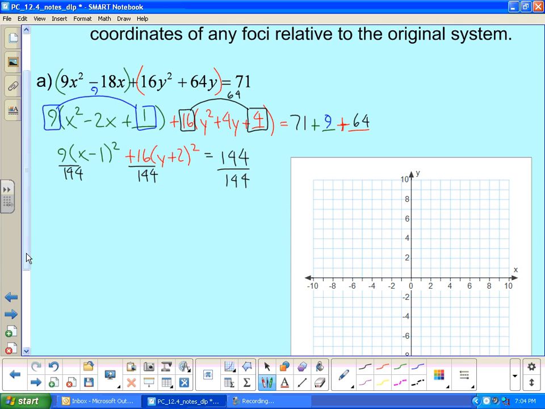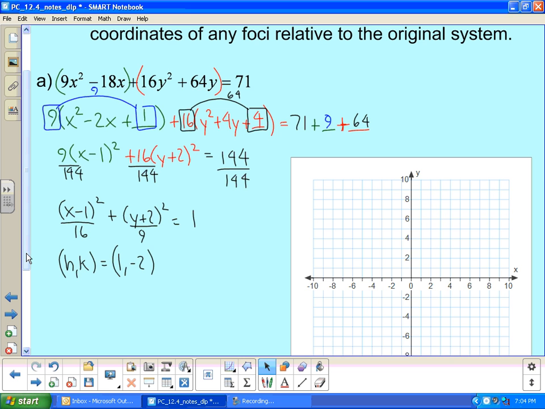And we end up with x minus 1 quantity squared over 16 plus y plus 2 quantity squared over 9 is equal to 1. And we can see our hk is equal to 1, negative 2. So that is the center of our ellipse, 1, negative 2.